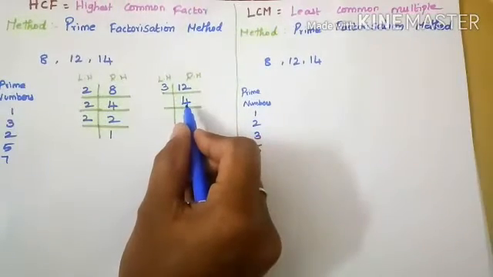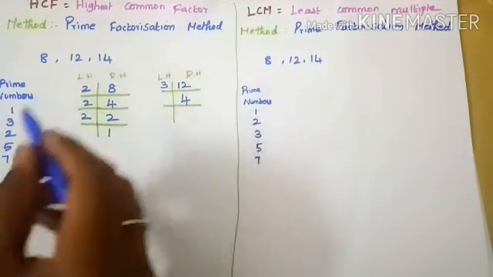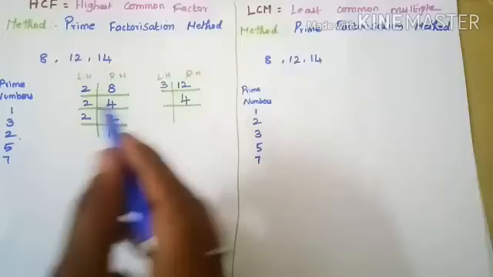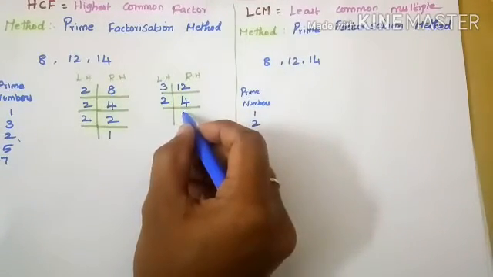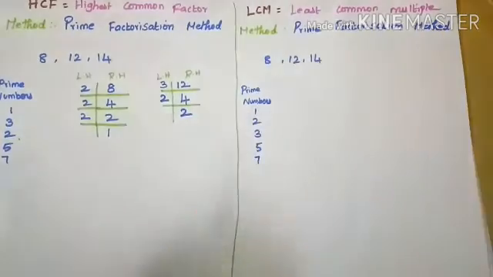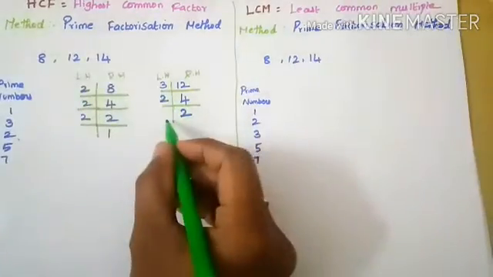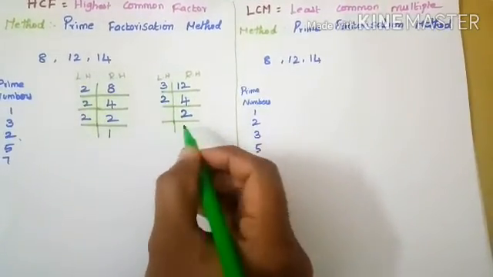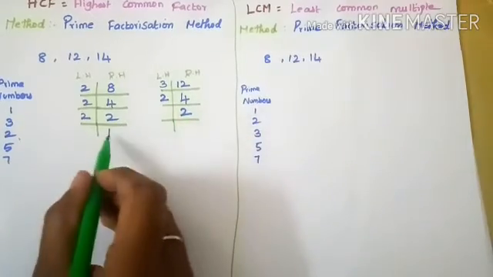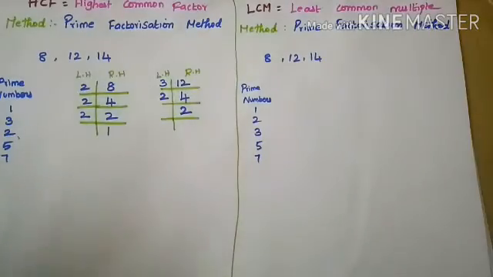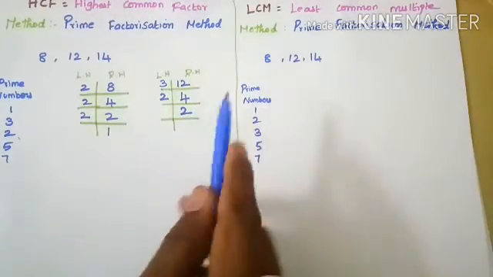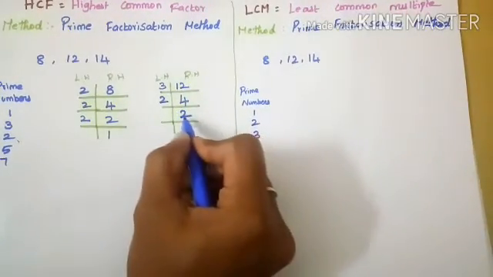So 4 is easily divided by which table? 2 table. So write 2 here. And how many times? 2 2s are 4. So draw one more box because we have not got the 1. When we get the 1, then only we move to the next number. So draw one more box.